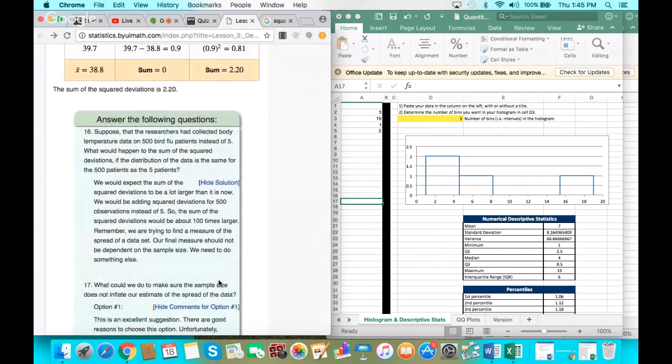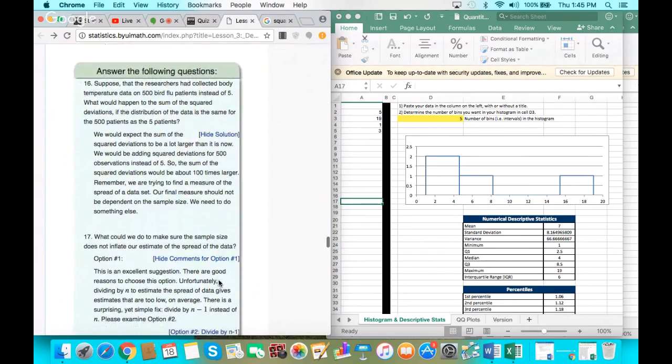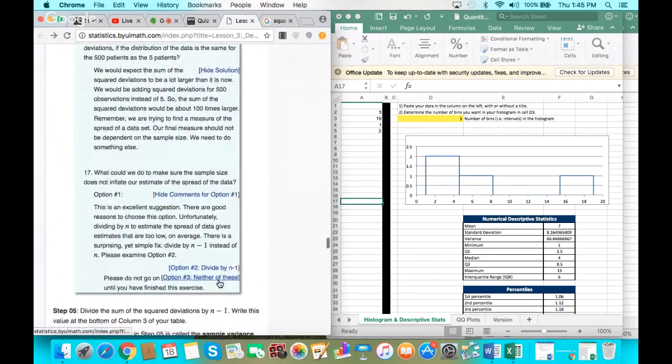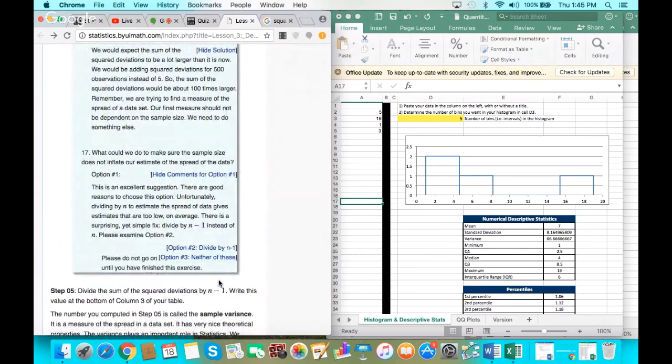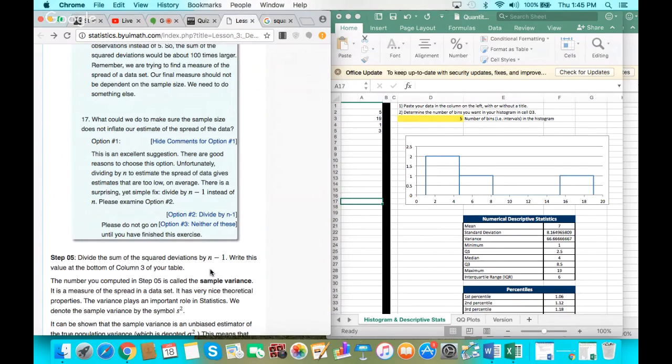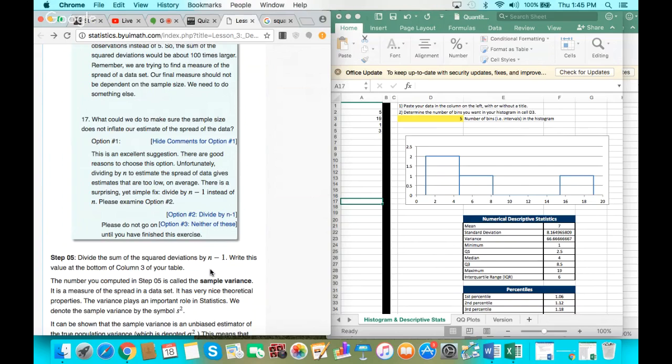So now divide the sum of the squared deviations by n minus 1. But what is n? The n is the amount of patients. So 4. So 4 minus 1, 3.